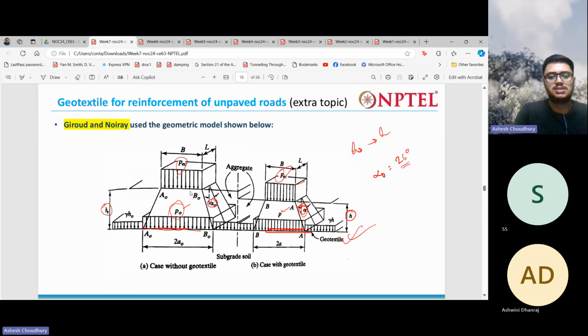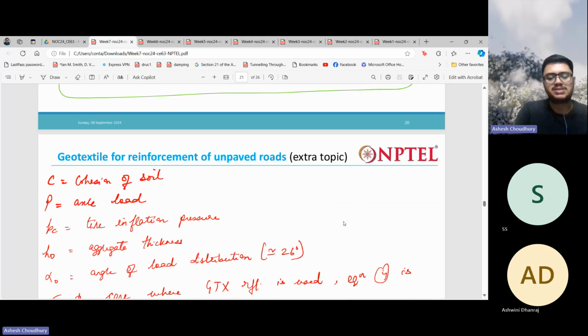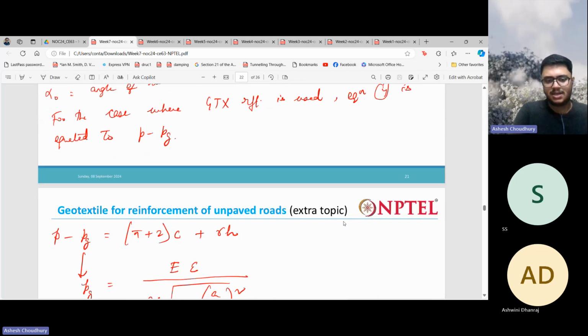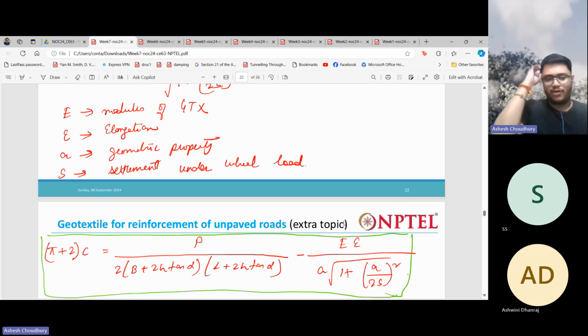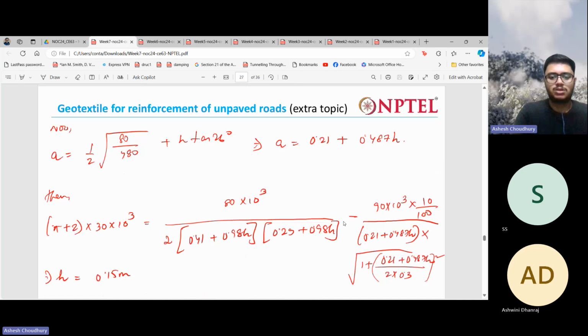Initially it is h naught, and with the use of geotextile reinforcement it reduces from h naught to h. This is not required for the exam, so I am not repeating it. It is an extra topic I discussed just for your knowledge, so that you know the mechanism.